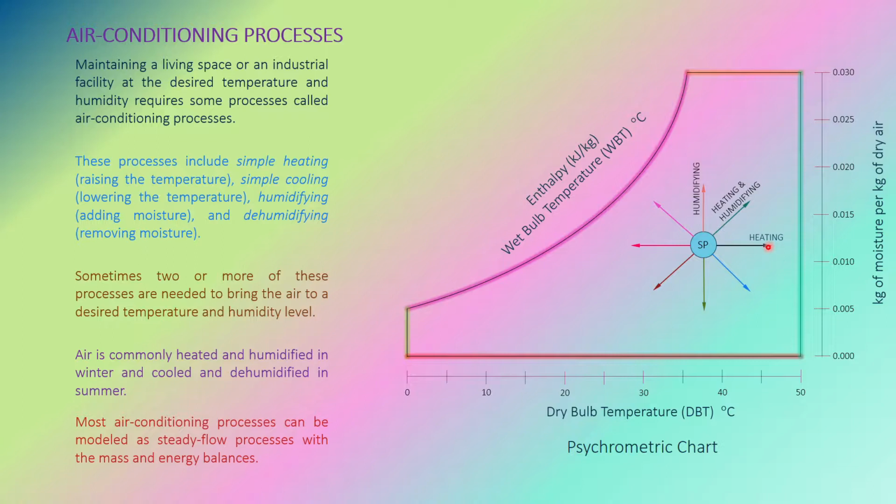Because the heating process is only to bring up or raise the temperature, it does not involve vaporizing, since the water vapor in the air is already in the superheated stage. There is no way of further vaporizing it because it's already a vapor.